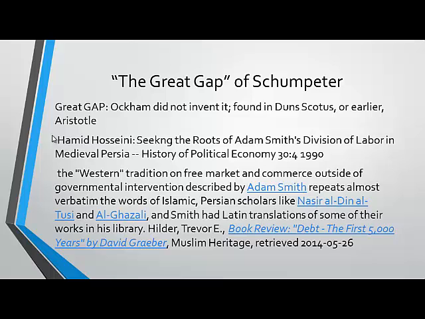So it's not that he reinvented these. And this has been documented by many. So Adam Smith was just a plagiarist. He copied. But according to Schumpeter, according to what the West teaches you, he was the father of modern economics.